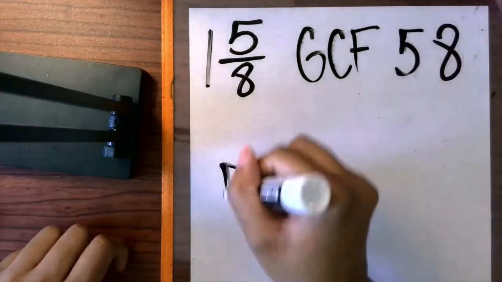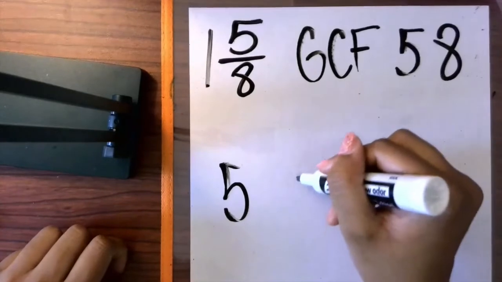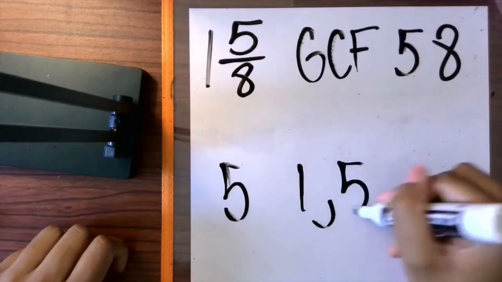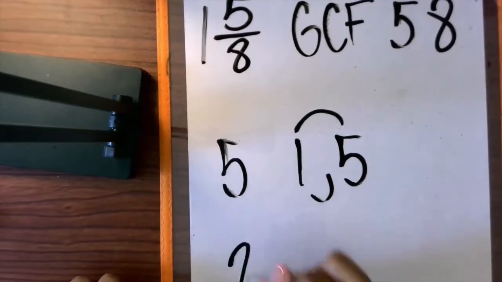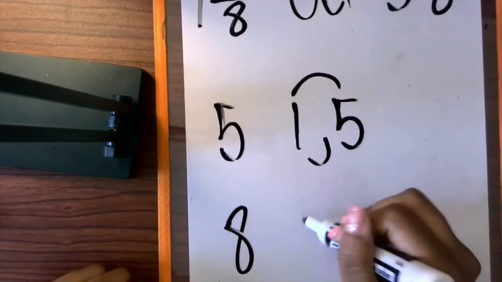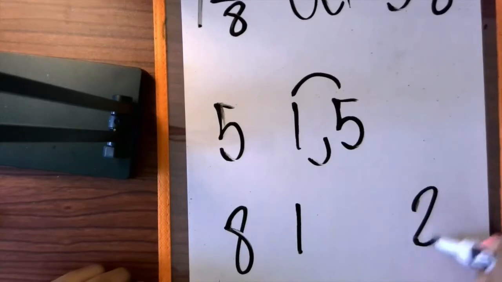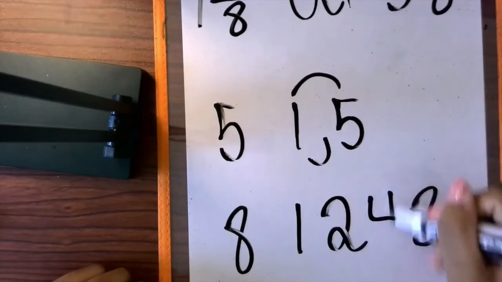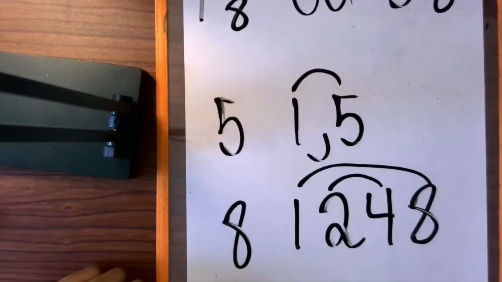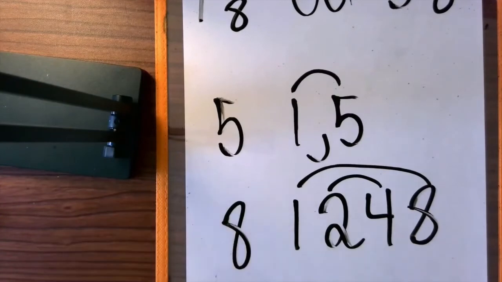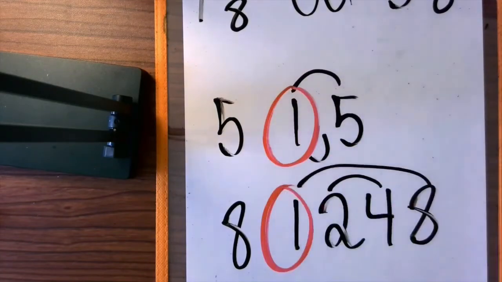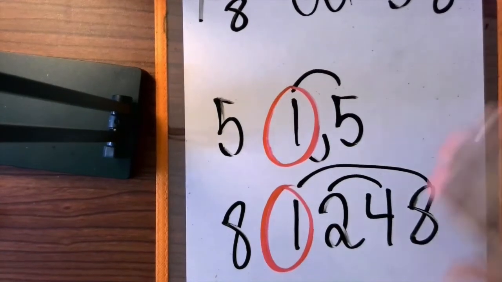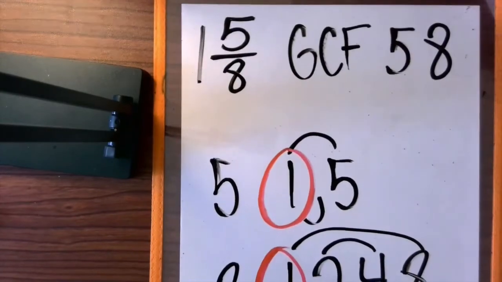When I list my factors for 5, I know that they are 1 and 5, because 1 times 5 is 5. Next, I'm going to list my factors for 8, which are 1 and 8, and 2 and 4. Next, you go through and you see if there is a greatest common factor. In this case, I only have one common factor, which is 1, which means that 1 and 5/8 cannot be simplified further.